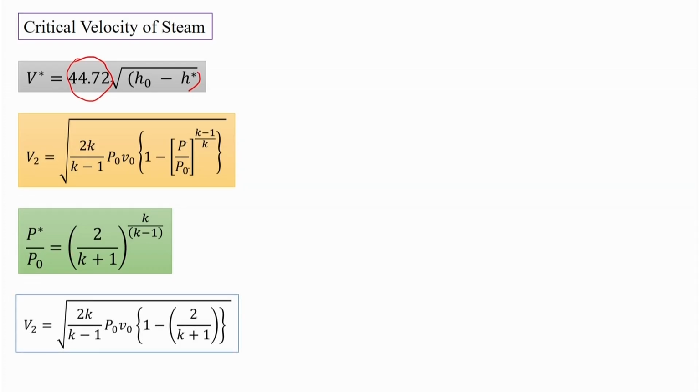So putting this formula in this equation, we can find out V2 is equal to 2K upon K minus 1 into P naught V naught bracket 1 minus 2 upon K plus 1.